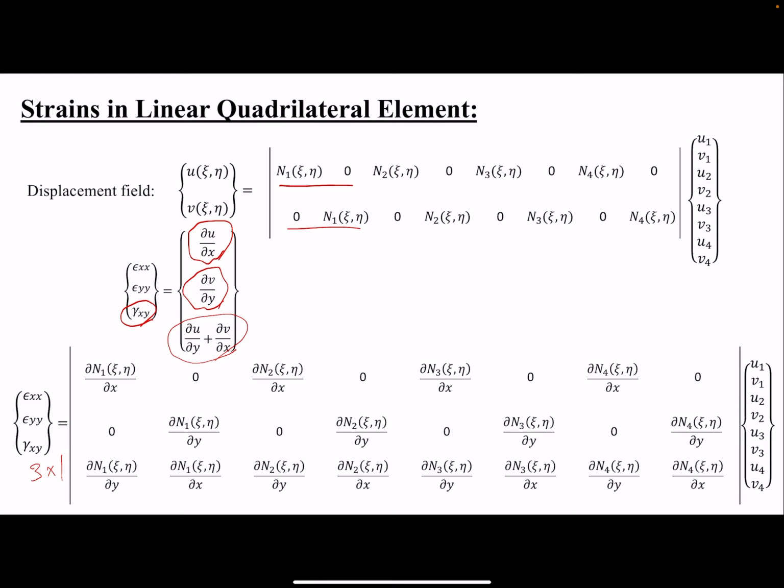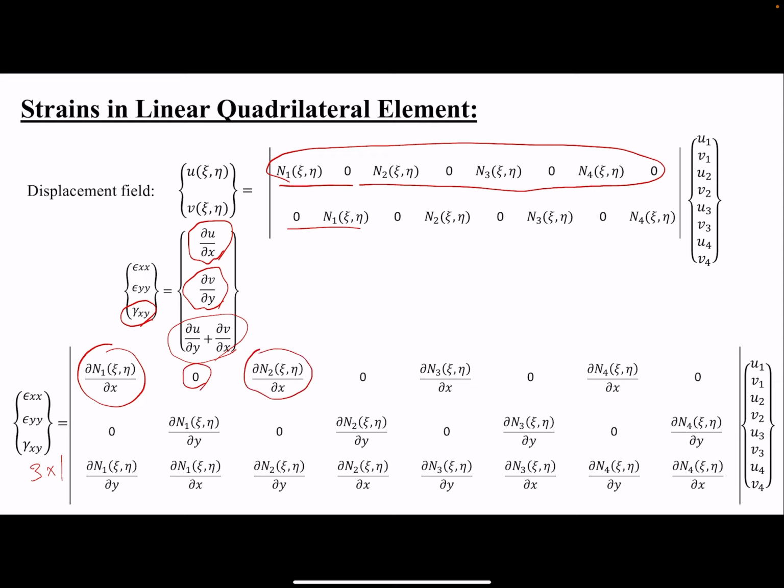So for the first row, everything that I have is just partial with respect to x. So partial N1 over partial x, the second component 0, the third component partial N2, the second shape function, over x, and so forth. The second row is the same. For the third row, I have to take the partial with respect to y of the first row, the partial with respect to x of the second row, and then add them together to get my third row.